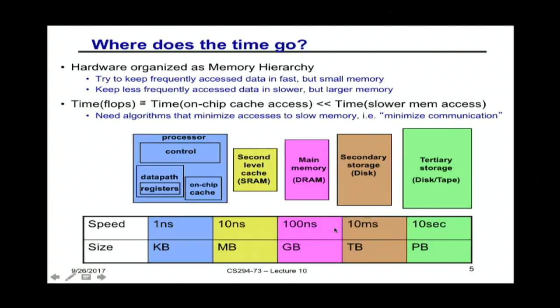So the size gets bigger, but the speed is lower. The art of programming for high speed is to keep a lot of data in the fast memory and not access data as often in the slow memory. So try to reduce access to the slow memory, which we usually call, by the generic term, communication.